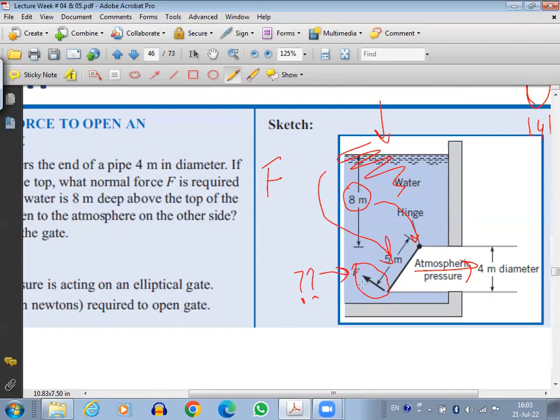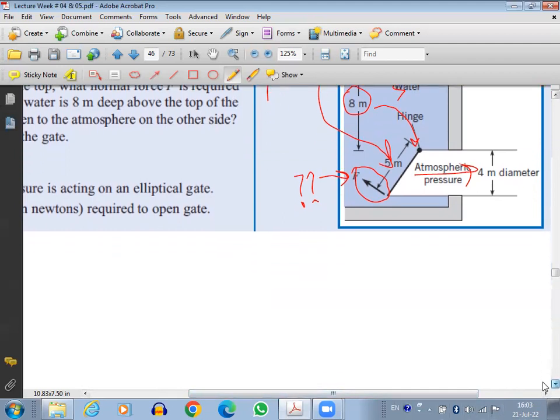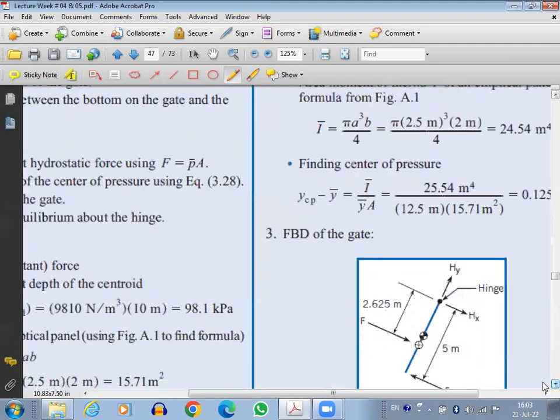I want to find out how much force is needed to open the gate, but first I need to know the force of water and where it is applied. Then I can determine the force I need to open the gate. So we will look at each thing separately, one by one.